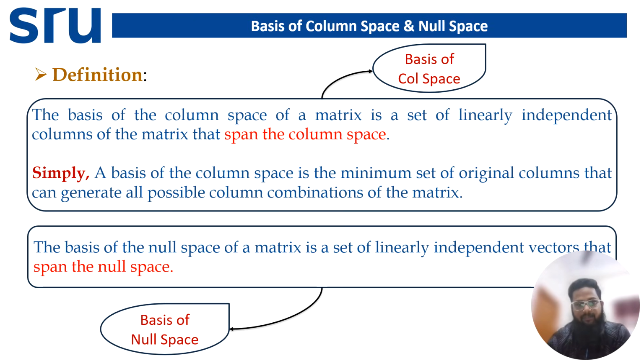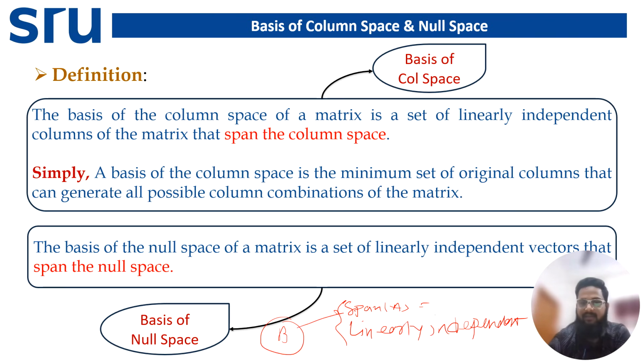Now, what is a basis? A basis is a set that spans the space, and all the vectors in that set are linearly independent. Suppose the set is V and B is the basis, so B will span V, and all the elements of B must be linearly independent.